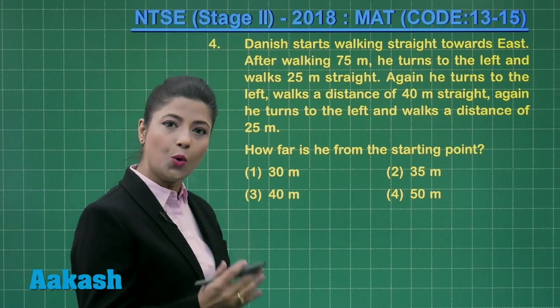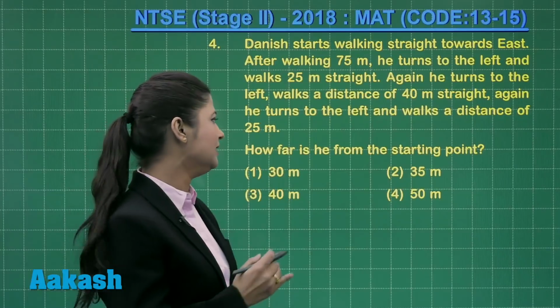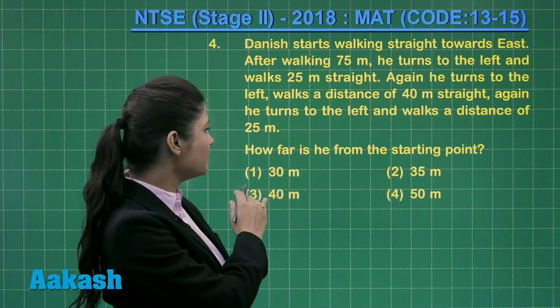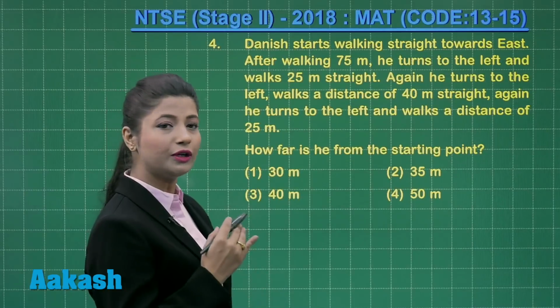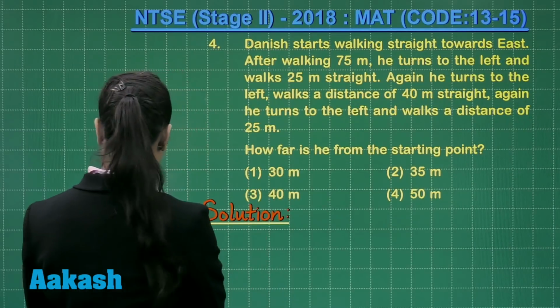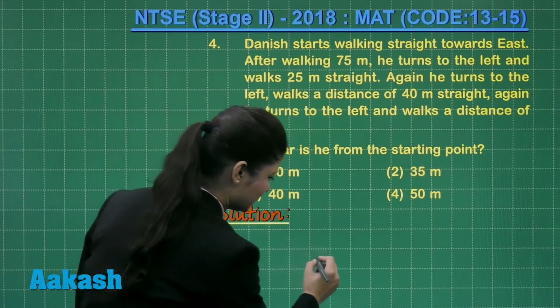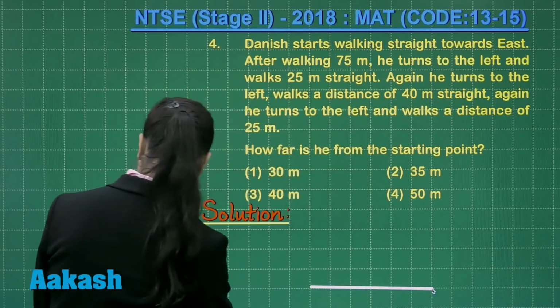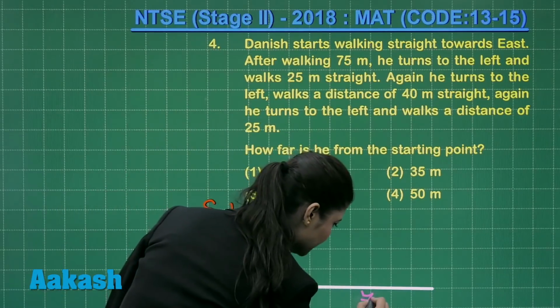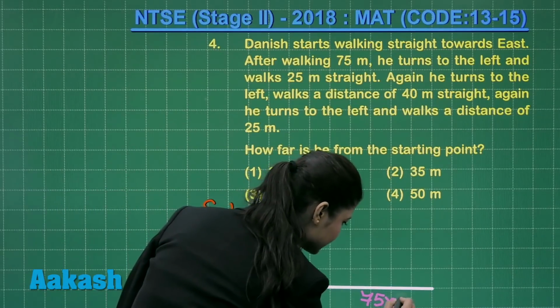And considering all these conditions, you need to obtain the answer where the question is how far is he from the starting point. So let's try to figure it out. Here we will be considering the distance firstly travelled by Danish. Firstly he is covering the distance of 75 meter towards east.